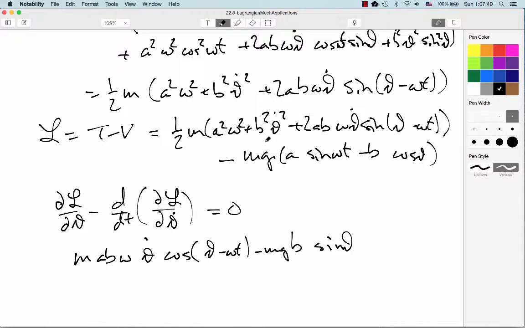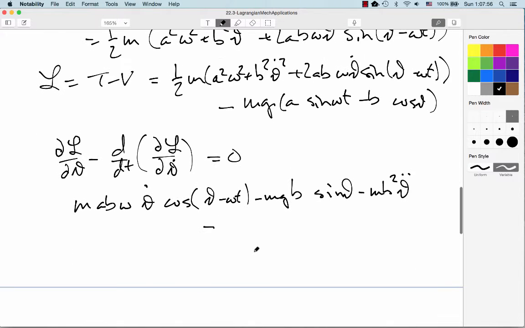All right, now differentiating with respect to theta dot, that's going to cancel our 1/2 there, so we get minus mb squared theta dot, but then we differentiate with respect to time, so that becomes theta double dot. And then we get minus, from here there's a theta dot term, so we get a minus m a b omega times theta dot minus omega cosine theta minus omega t.